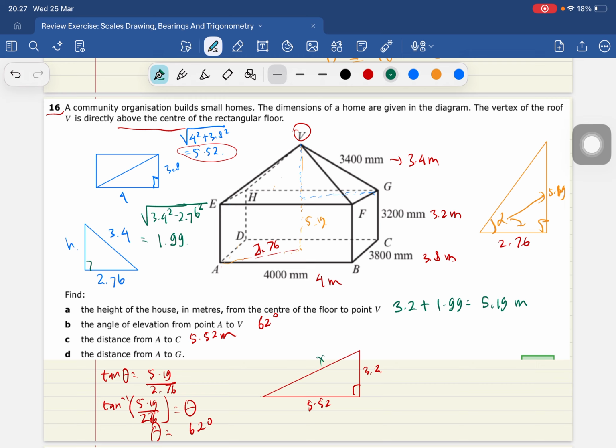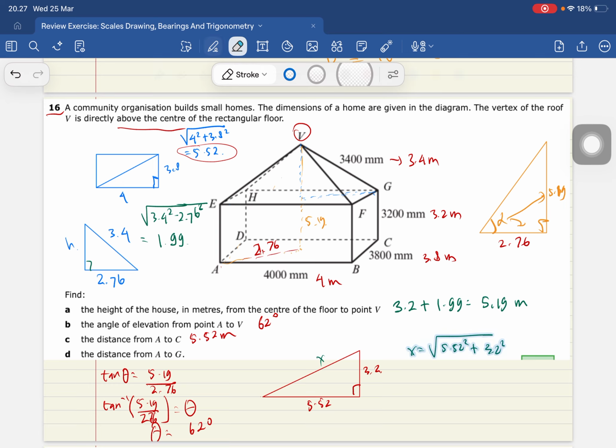So this is x. x equals square root of 5.52 squared plus 3.2 squared. Use a calculator. The answer AG is going to be 6.38 meters.